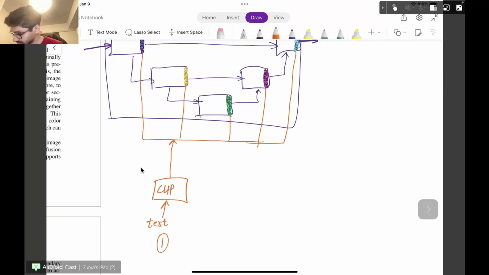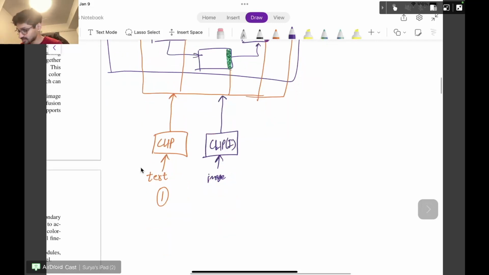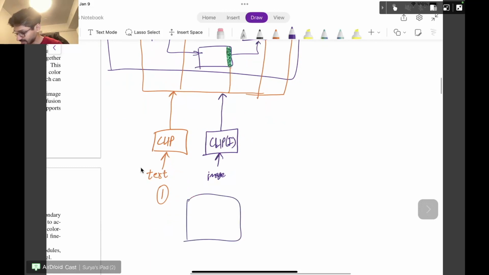Option 2 is you can still use CLIP, but use the CLIP image encoder and give an image as input and then feed this in. If you remember, CLIP has a common embedding space for text and images. Say you have a person going on a sailboat in the water with mountains in the background.